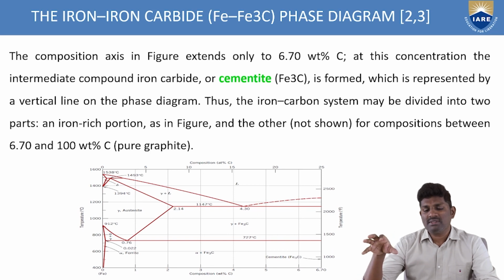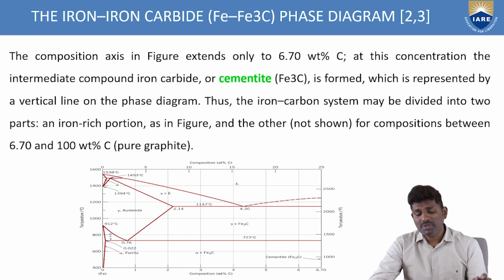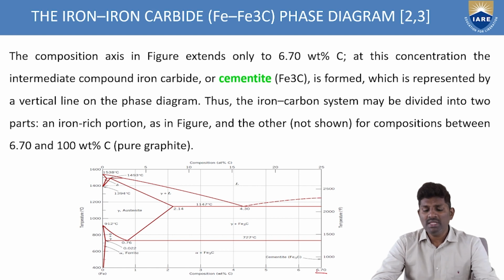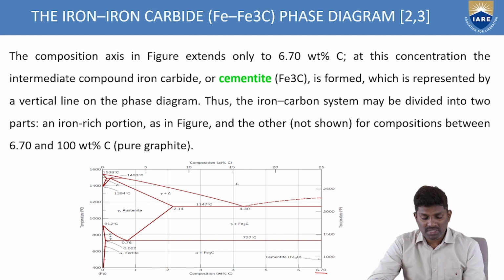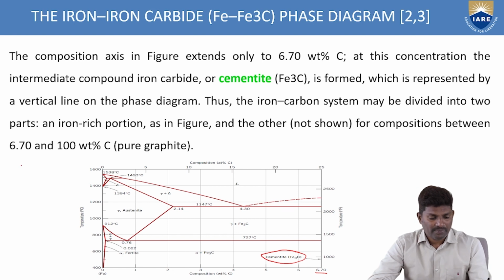So we are not considering that in this phase diagram. Up to 6.708% of carbon, the intermediate compound is called cementite, that is Fe3C. Iron carbide is nothing but cementite.